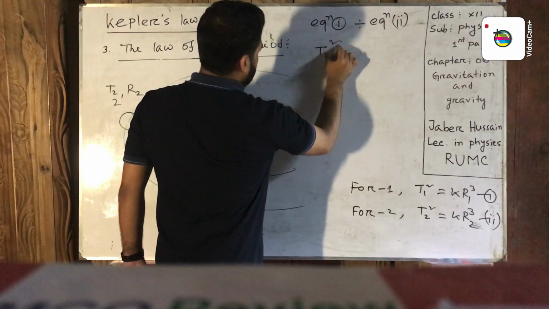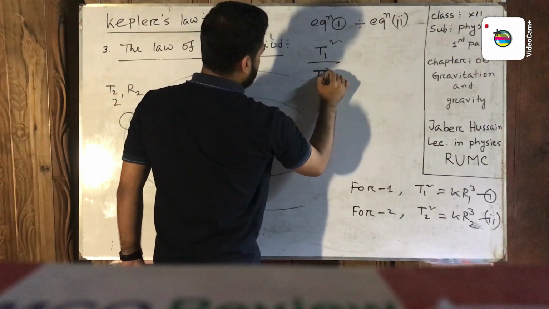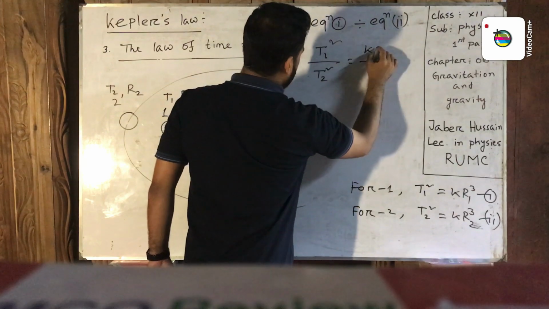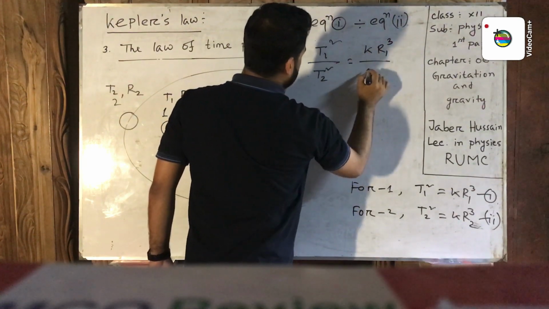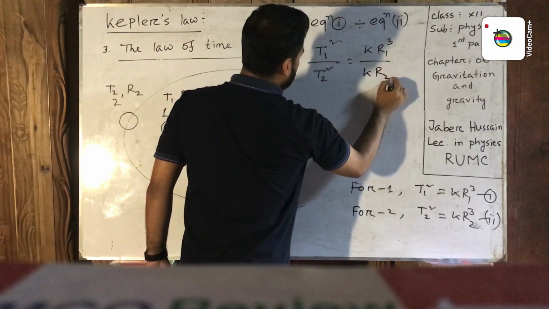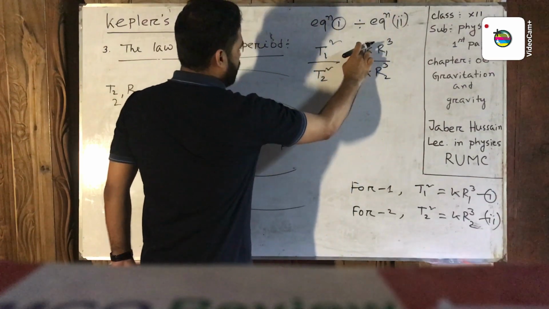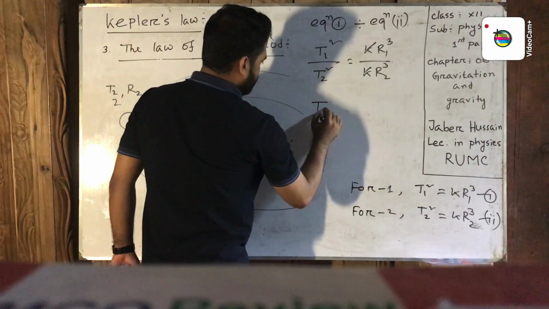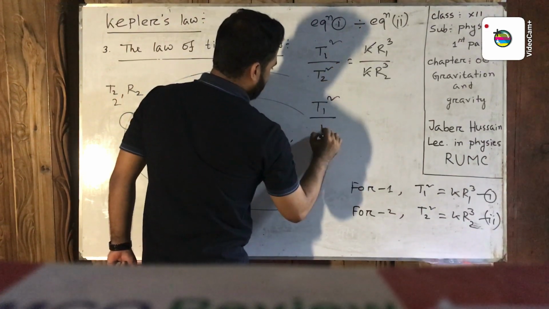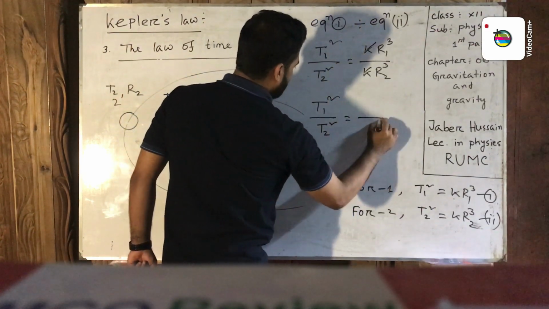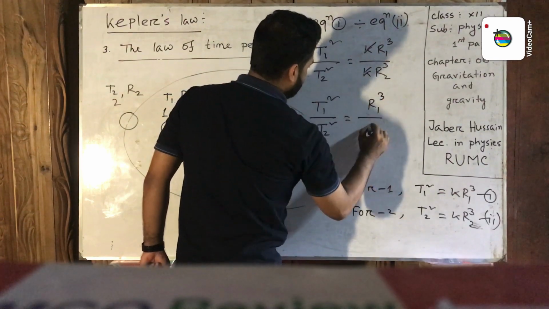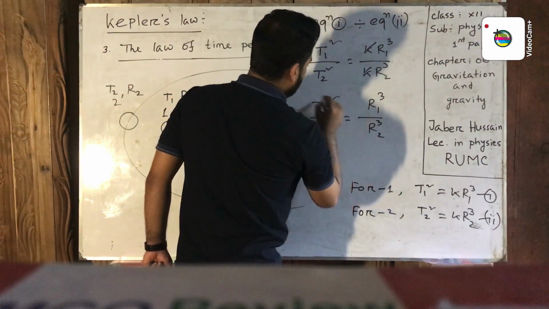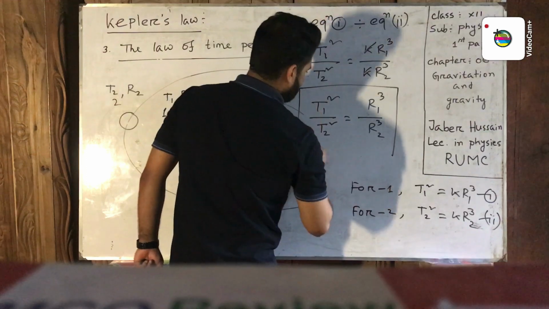T1 square divided by T2 square equals k R1 cube divided by k R2 cube. K and k cancel. Now the equation will be T1 square by T2 square equals R1 cube divided by R2 cube. This is the formula of Kepler's third law.